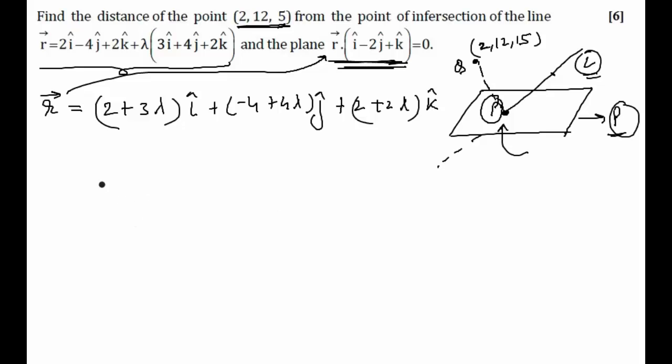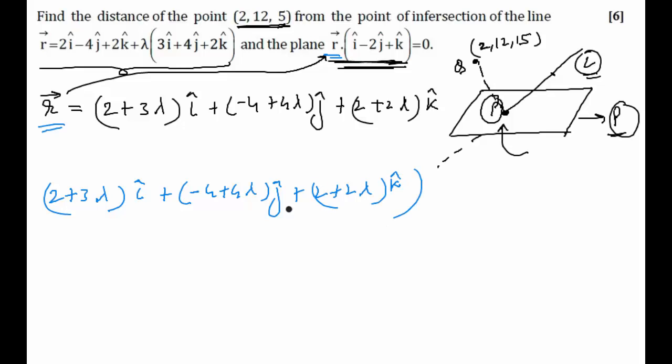Okay, so I can write this R vector in place of this R vector, and on taking dot it will become 2 plus 3 lambda I cap plus minus 4 plus 4 lambda j cap plus 2 plus 2 lambda k cap, taking dot with I cap minus 2 j cap plus k cap is equal to 0.